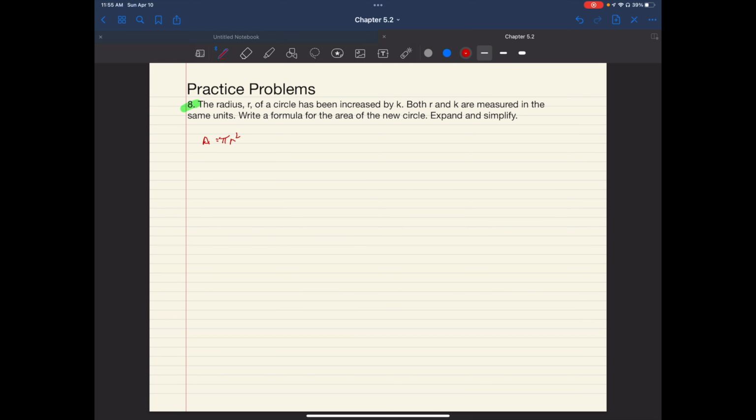So original circle, and now we'll say new circle. So original circle has radius equal to R. New circle has radius equal to R plus K.